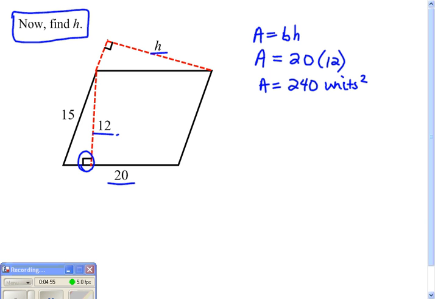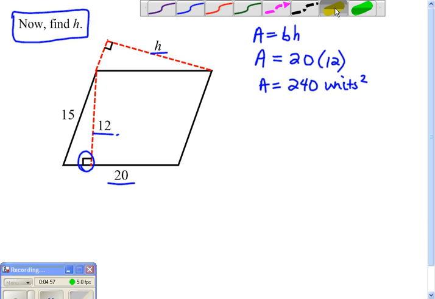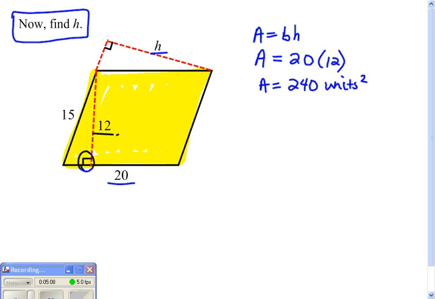Now this parallelogram is not changing its shape or its size, shrinking or growing. It's just sitting there like a good little parallelogram does. And so its area is not changing. So that yellow area is still the same. All I'm going to do is now use my other base height pair to find the height. Plugging into this formula the things that I already know. Well, I already know the area is 240 this time.